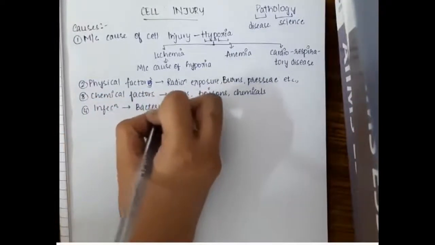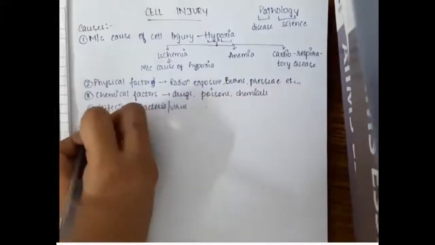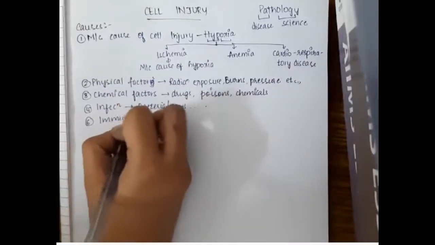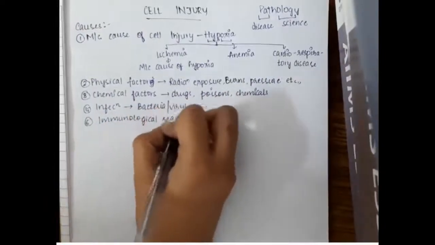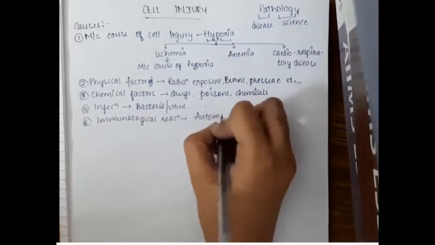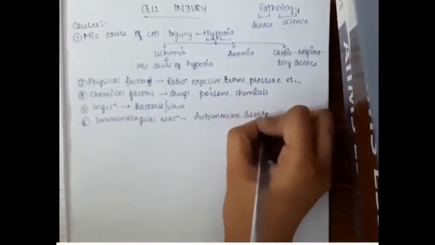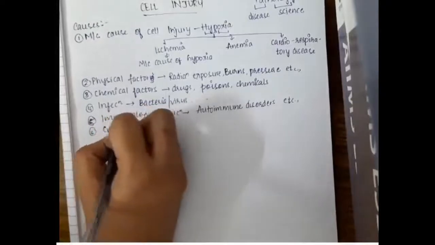Infections like bacteria and viruses can lead to cell death. Immunological reactions, like autoimmune disorders such as SLE and Sjogren syndrome, can also cause cell death. Genetic causes and nutritional causes result in cell injury.